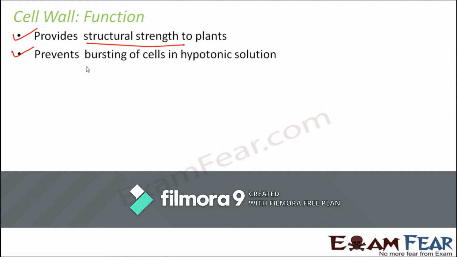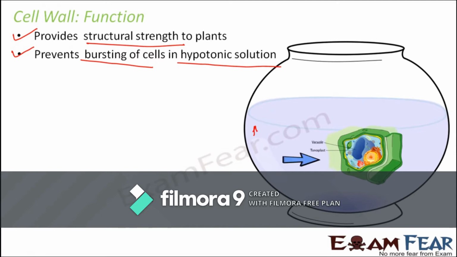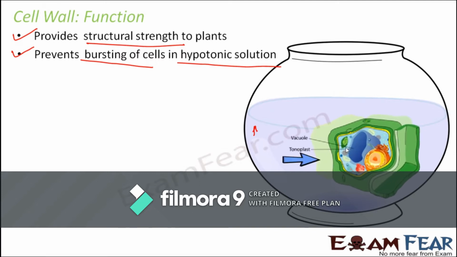It also prevents bursting of cells in hypotonic solution. Just now we discussed what happens in a hypotonic solution. Hypo means less. So when the concentration of water is less inside the cell, that means the concentration of water is more outside. So what will happen? Water will move from outside to inside, so the cell will start swelling up.